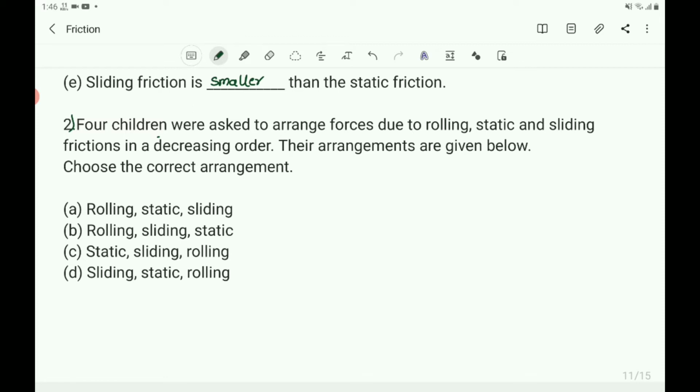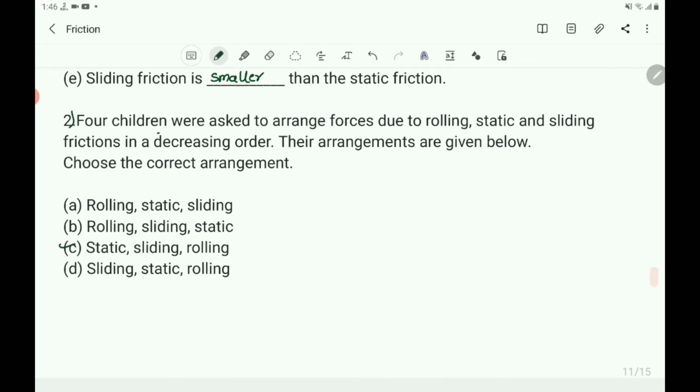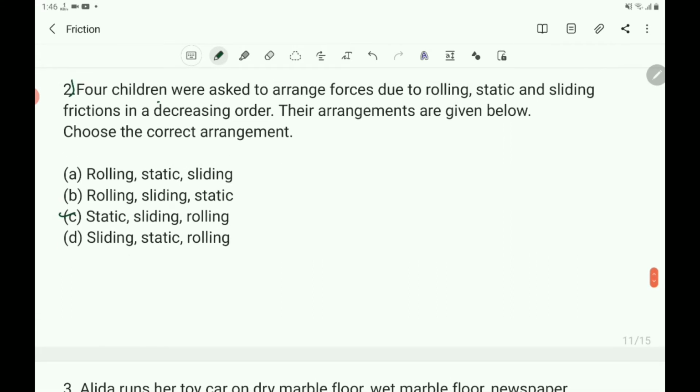So you can write the answer here: C, static, sliding, rolling. Static, sliding, rolling. This is the answer.